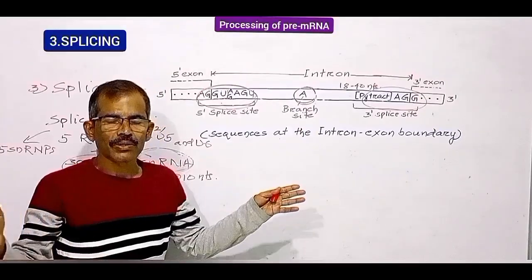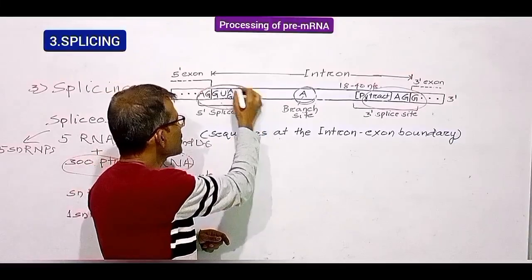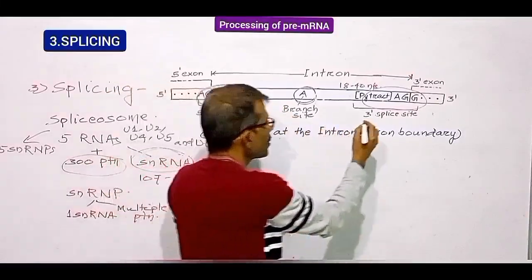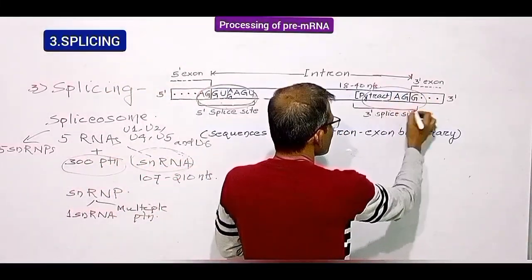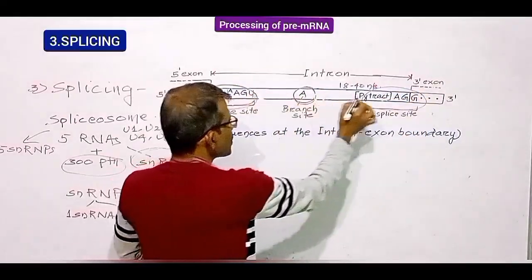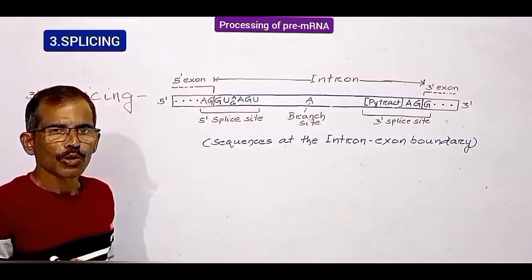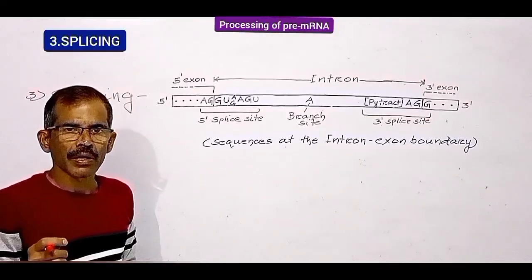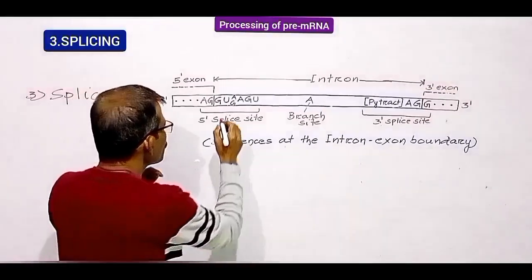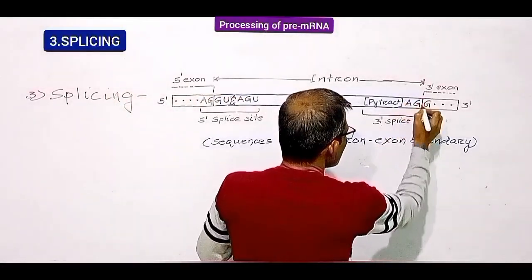One end of the intron is referred to as the 5' splice site and the other end is referred to as the 3' splice site. These sites have short consensus sequences. Most introns in pre-mRNA begin with GU and end with AG.